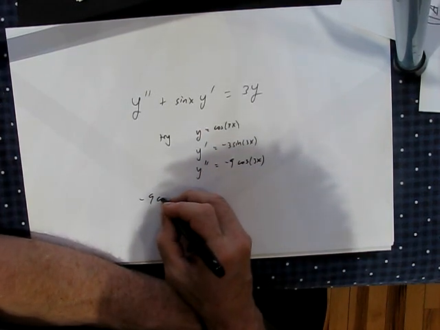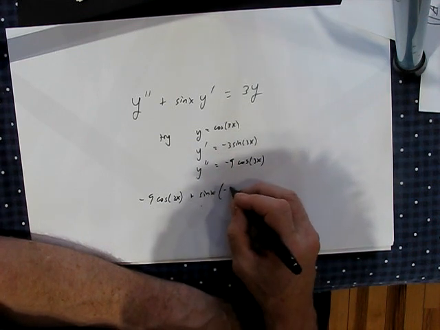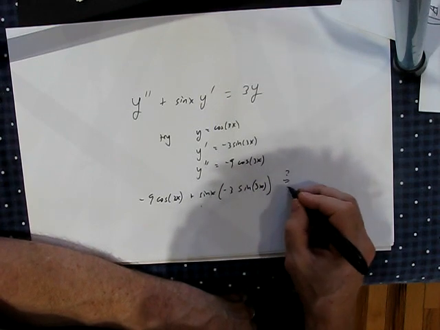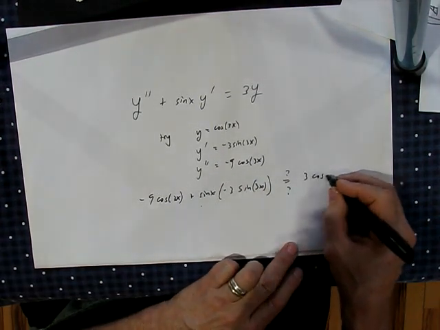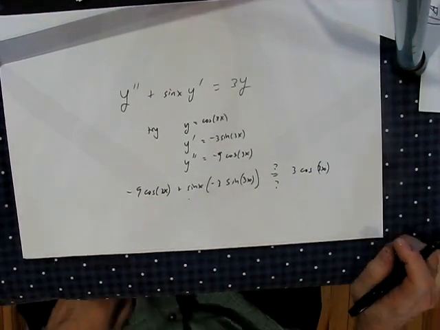I'll get minus 9 cosine of 3x plus the sine of x times minus 3 sine of 3x, and then you'd ask, well, is that equal to 3 cosine of 3x? Now, I don't know if you believe that or not.